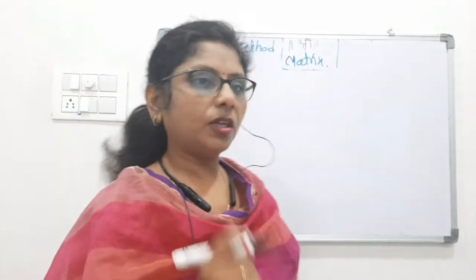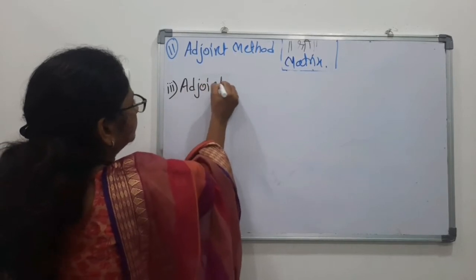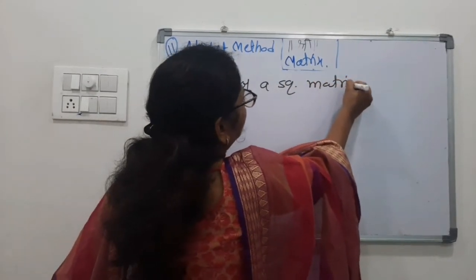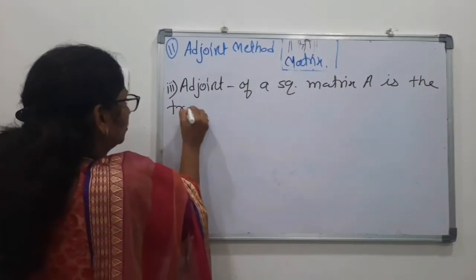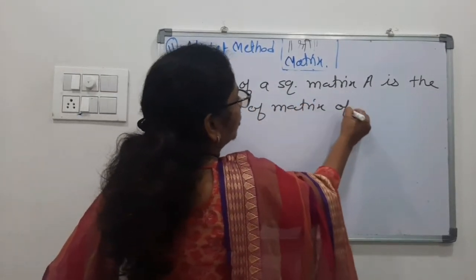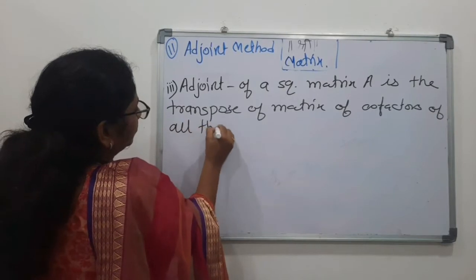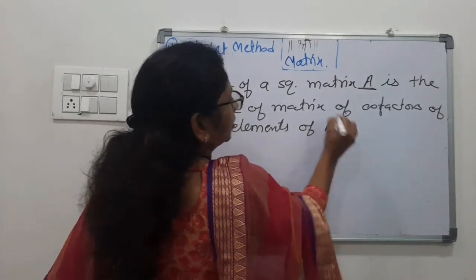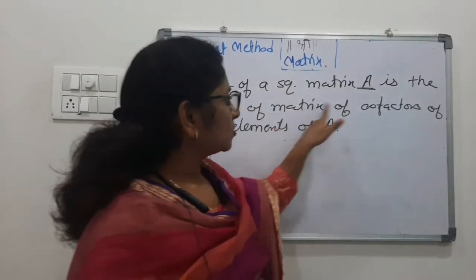Now the third definition, adjoint. The adjoint of a square matrix A is the transpose of the matrix of cofactors of all the elements of matrix A. Now see, for the adjoint of a square matrix we want the matrix of cofactors.